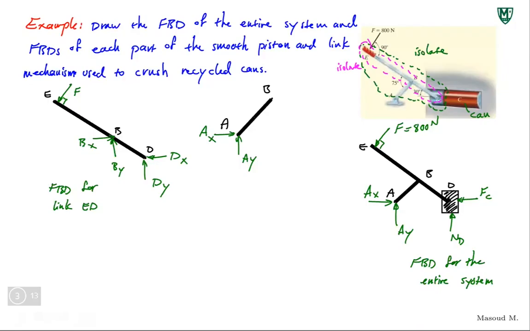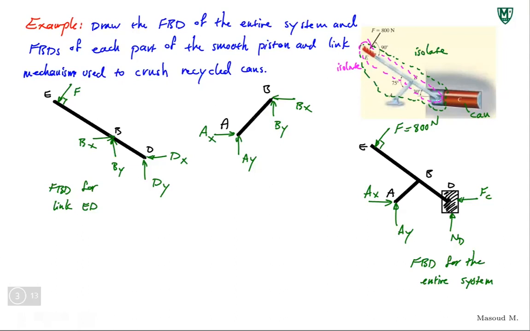So this should be BX and this should be BY. Now, as you see, probably I did not assume the direction of BY correctly. I have to flip it eventually when I draw the free body diagrams.